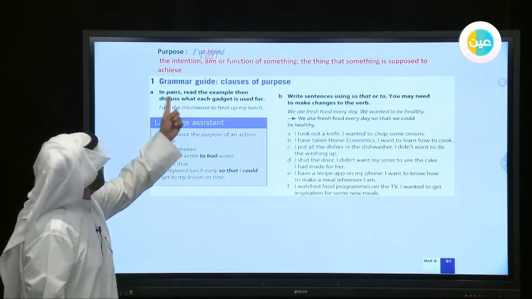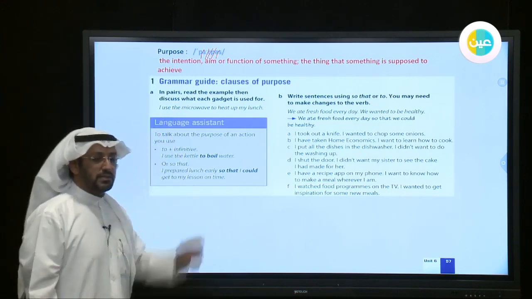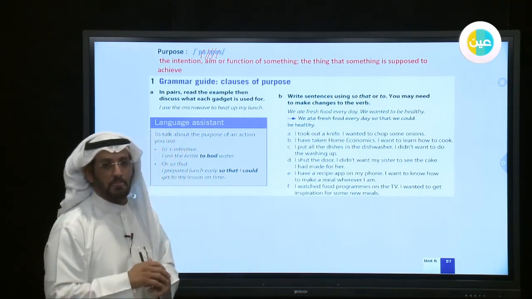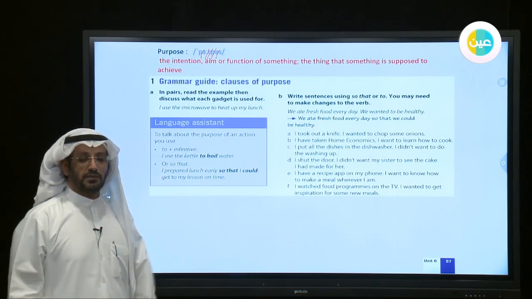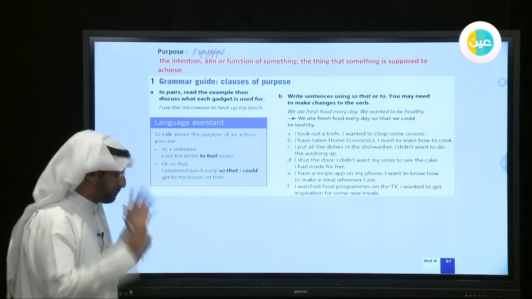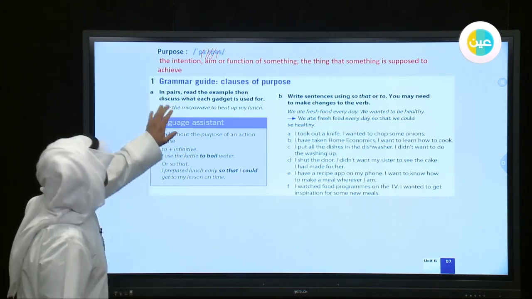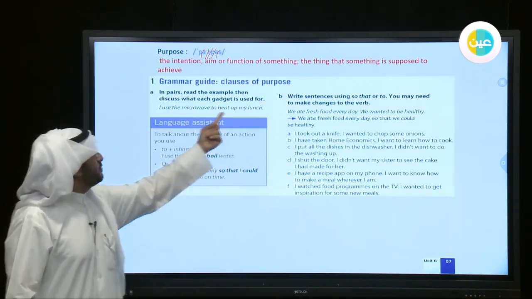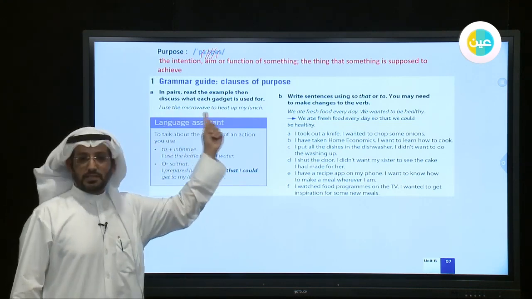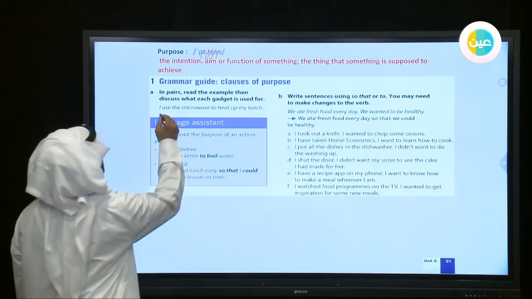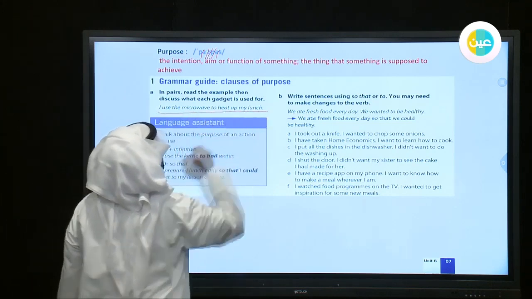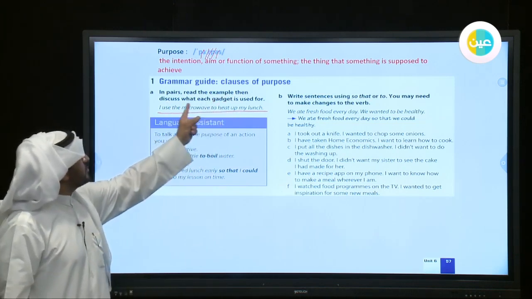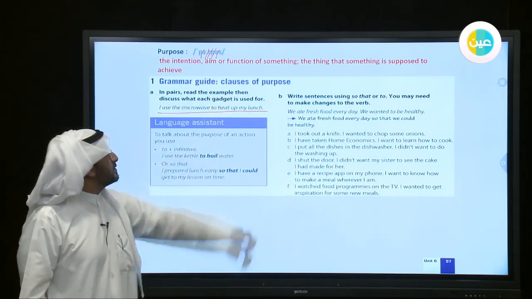Exercise 1, Grammar, A. Pairs. Every two students together, please, as a group. Are you ready? In pairs, read the examples, then discuss what each gadget is used for.